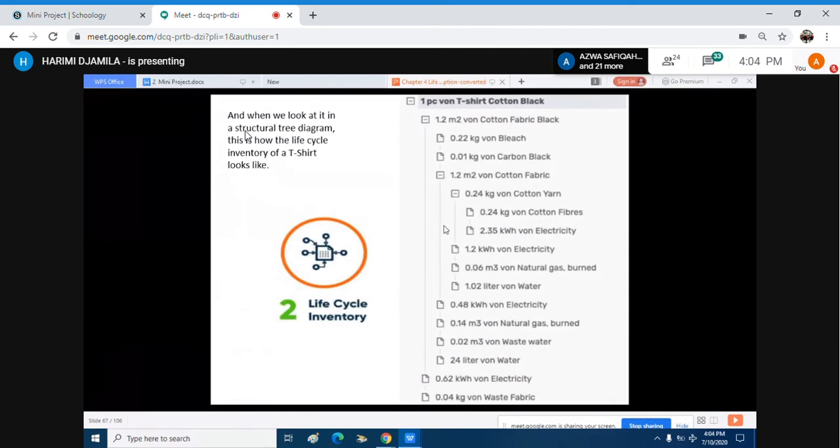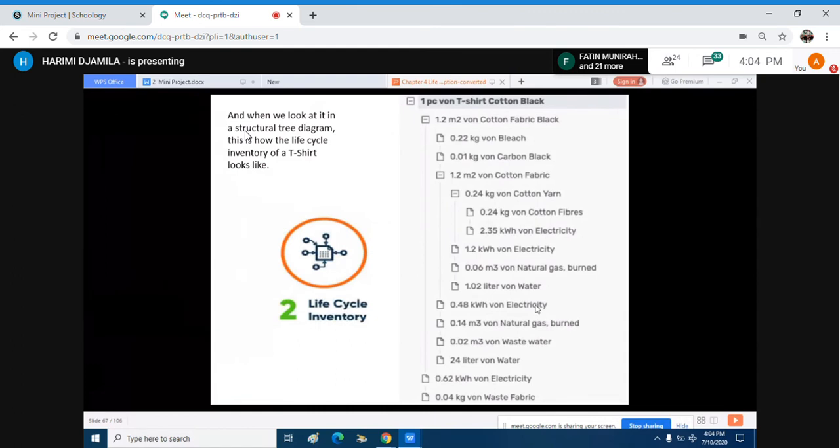The data collection, for example, if you take the example of a T-shirt, you have all what you will be using, like cotton. Here they use various units.